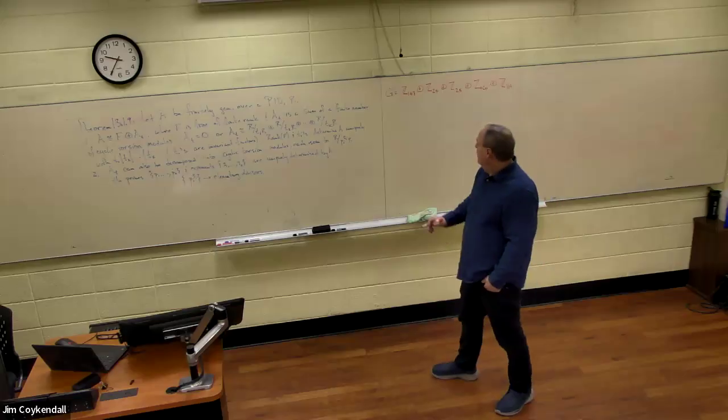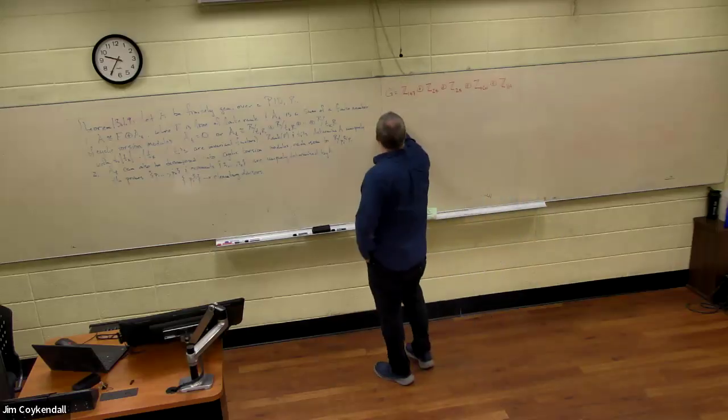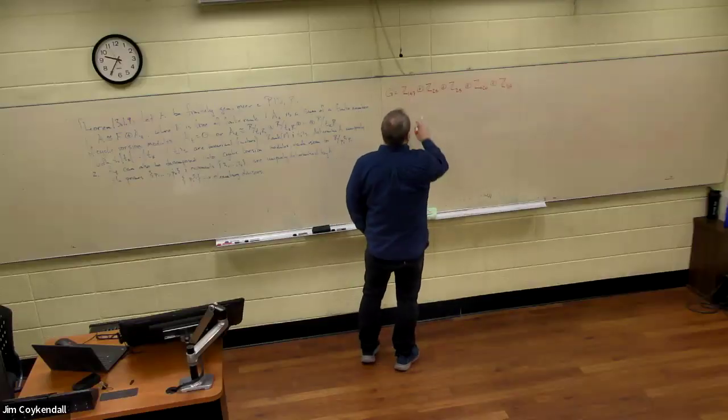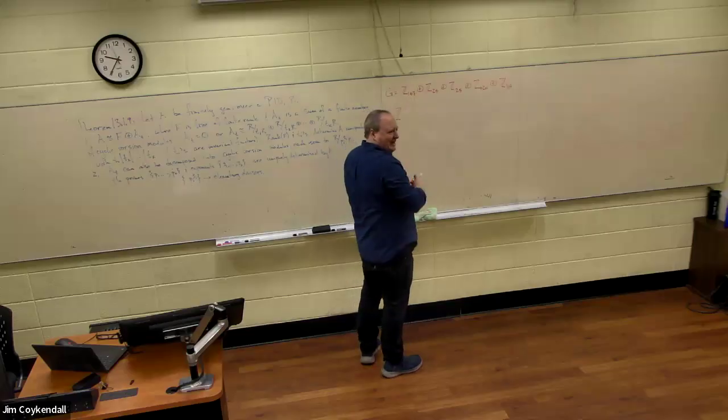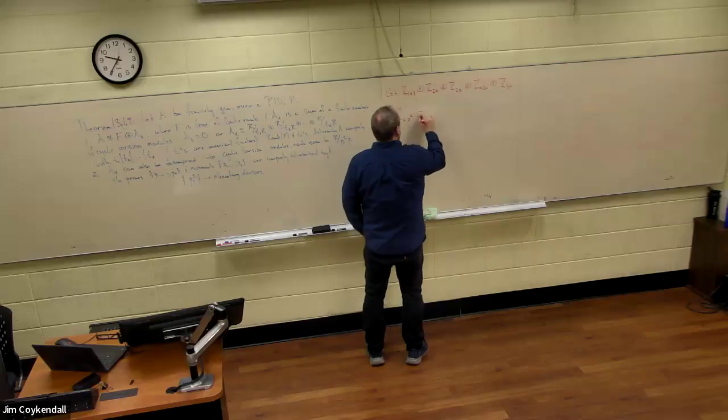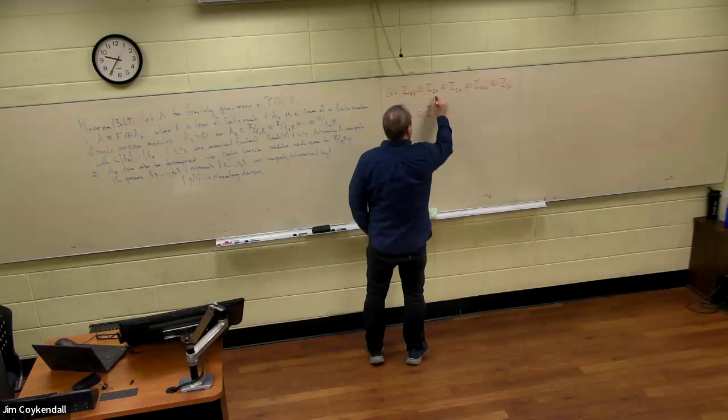The first thing I'm going to do is rewrite this in what I hope is a sagacious manner. This is 49 times 3. This is 2 cubed times 3.